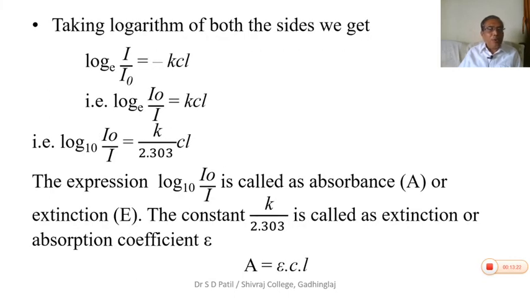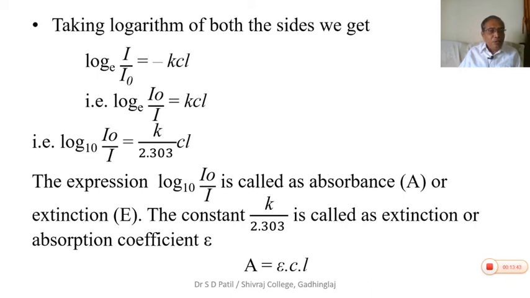Taking logarithm of both sides, we get log(I/I0) = -KCl, that is log(I0/I) = KCl.